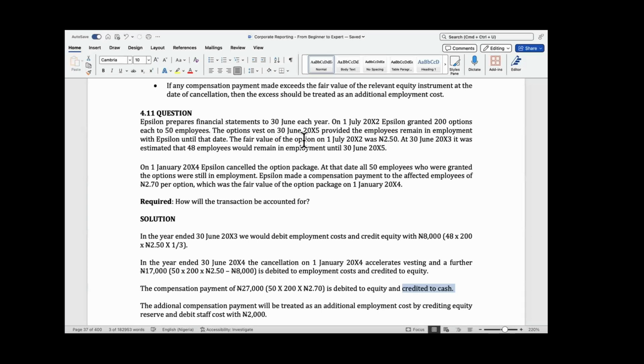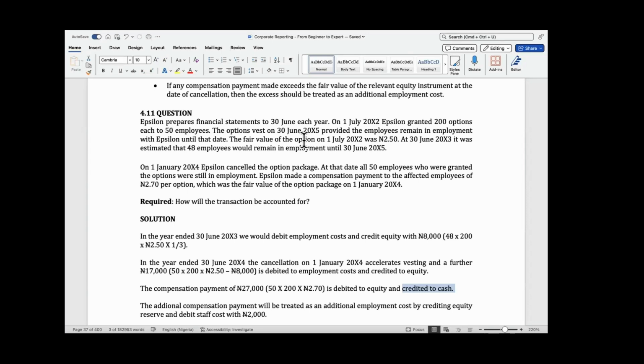Then look for how much they eventually paid the employee. Use it to close your equity. If what they paid is now higher than what they are due to in terms of the fair value of the option, transfer that to staff cost, P&L. It becomes an additional cost to the company. And that's it. That's modification and cancellation.